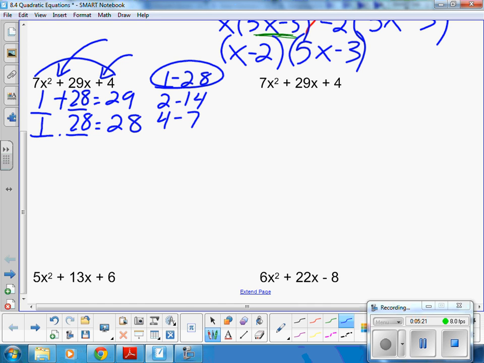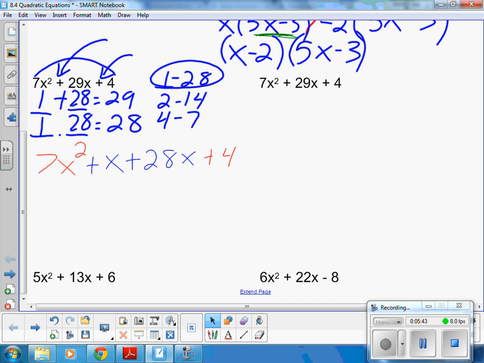So when I write this out, it is going to be 7x squared plus x plus 28x plus 4. Hopefully you see where all of that came from.